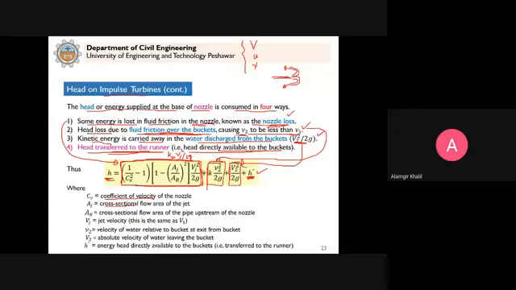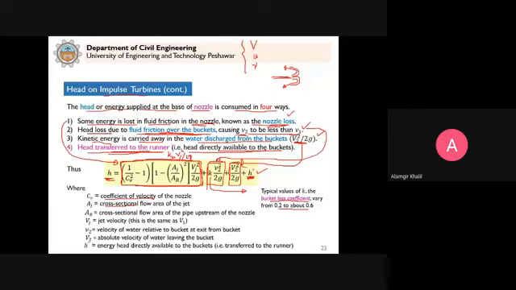So these are the various explanations of the different parameters that we write down in this equation. Cv is the coefficient of velocity of the nozzle, Aj is the cross-sectional area of the jet, Ab is the cross-sectional area of the pipe upstream of the nozzle, and so on. This K is known as the bucket loss coefficient, and typical values vary from 0.2 to 0.6.